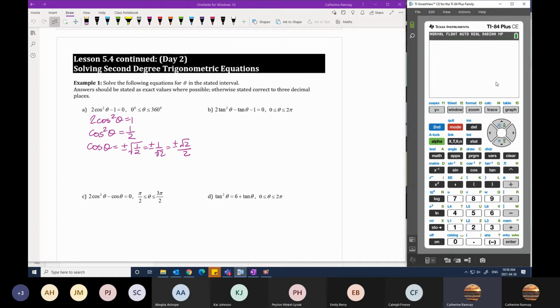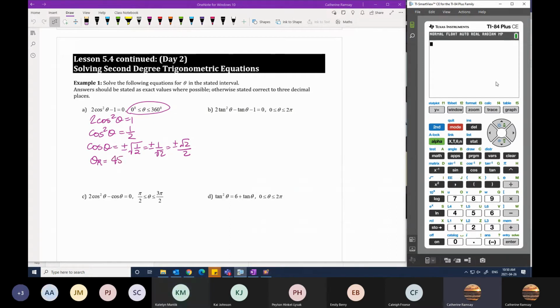Notice that this is in degrees, so you have to make sure that you're stating this in degrees. So can anybody tell me the reference angle for cos theta being root 2 over 2? What family would be root 2 over 2? 45 degrees. Yes, thank you.